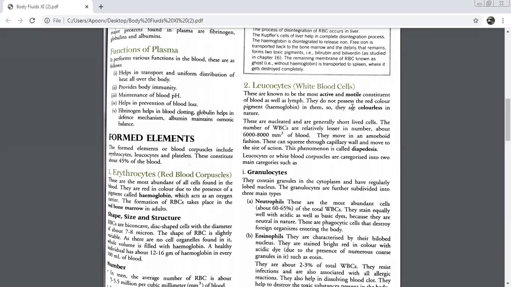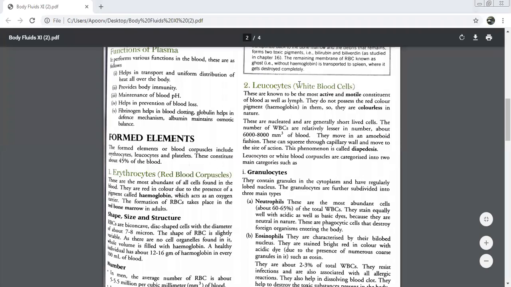Because they don't have hemoglobin pigment. Yes, that red color pigment is not there. RBCs were red because of the presence of hemoglobin pigment, so WBCs are colorless.